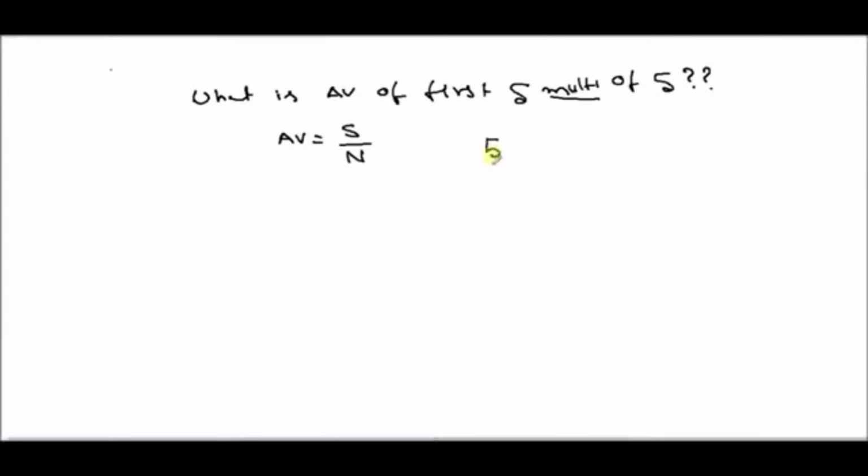Obviously, average is equal to the sum of the items divided by the number of items. First, take the first 5 multiples of number 5. The first multiple of 5 is 5, followed by 10, then 15, then 20, then 25.